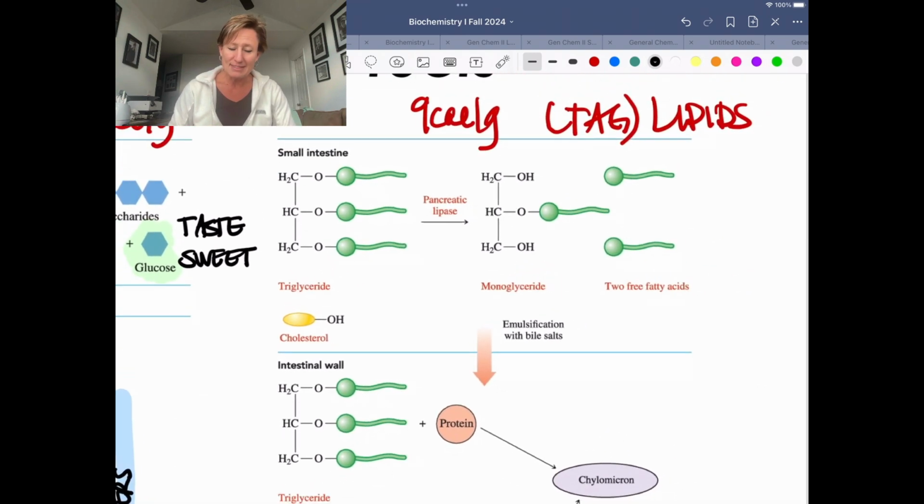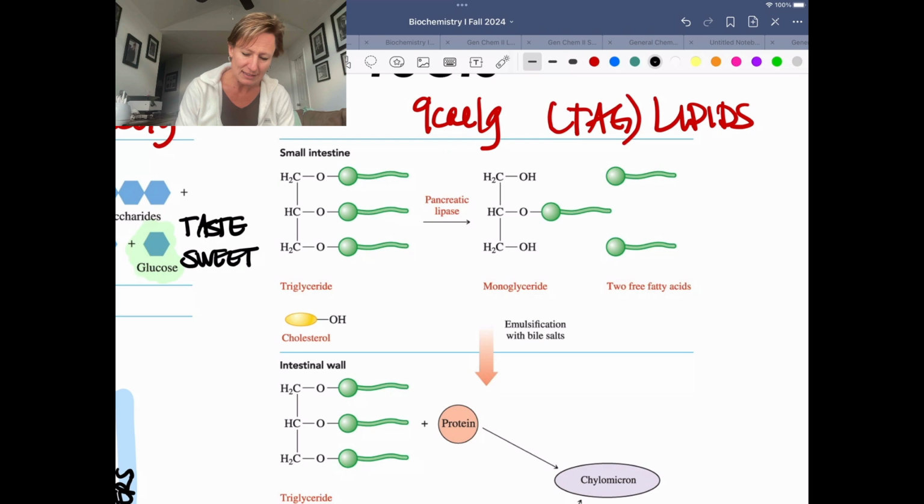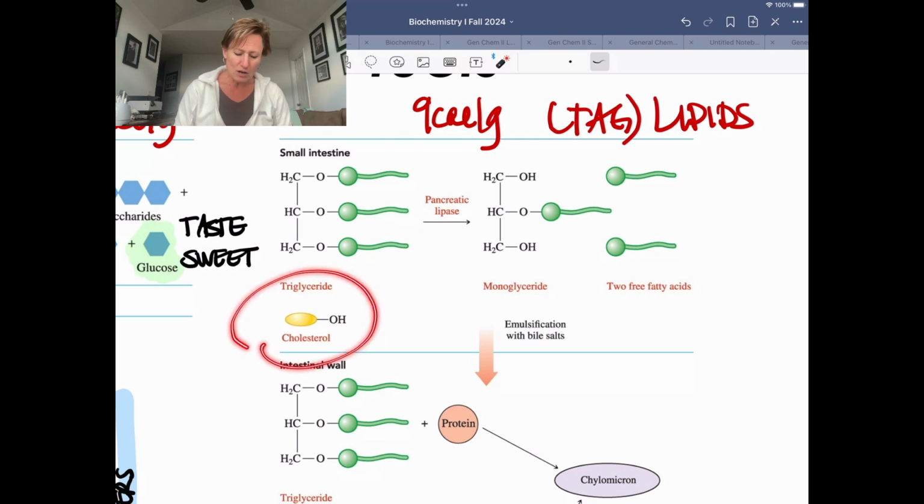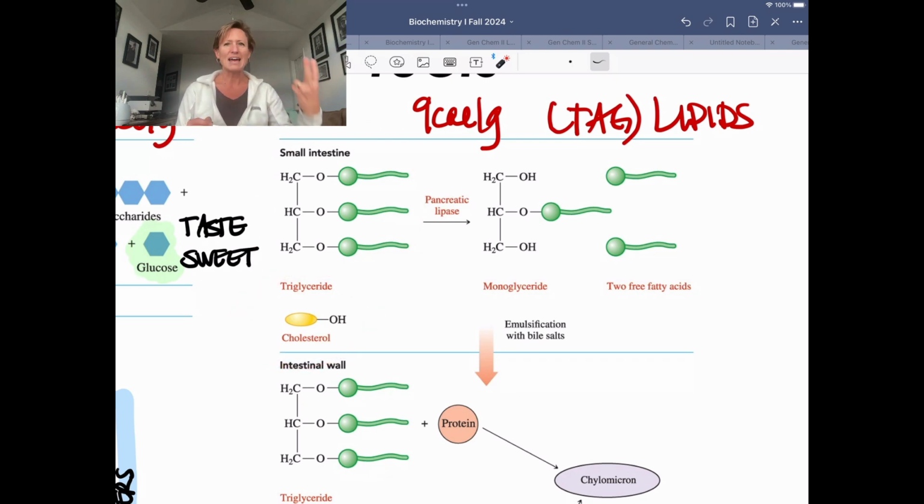Let's think about what we need to have happen with lipids. Lipids are unique as a class of biological molecules; they're very hydrophobic. Two lipids we're going to focus on are triglycerides and cholesterol, two important dietary lipids.